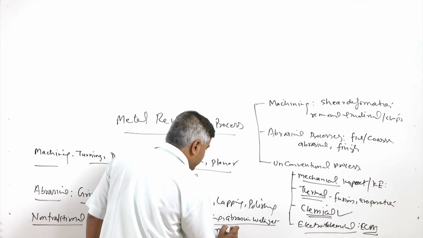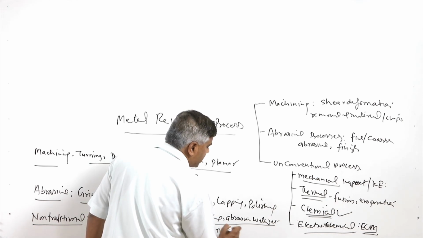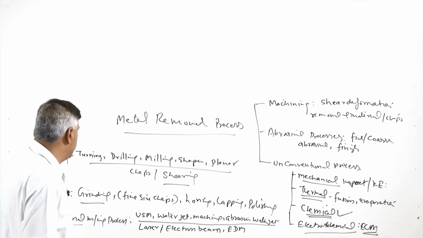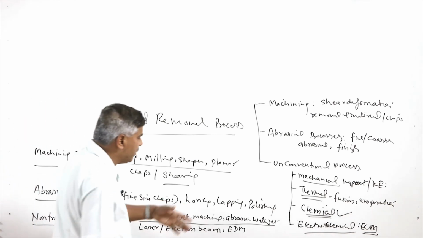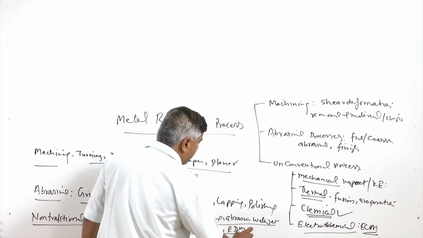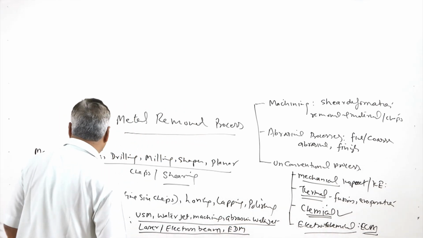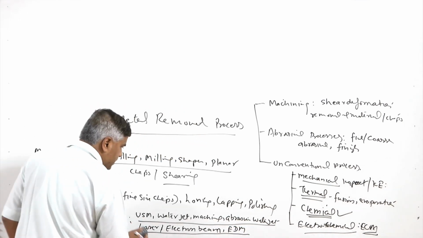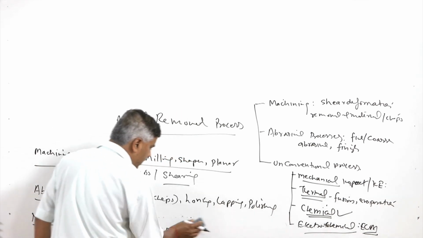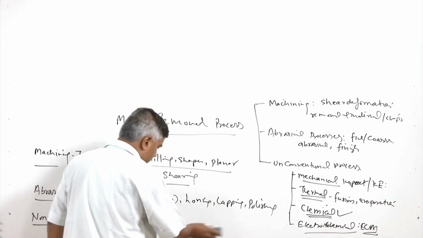Electric discharge machining, commonly known as EDM, is another process, which also uses thermal energy for removal of the material. So, laser, electron beam and electric discharge machining are some of the processes which use the mechanical energy and the thermal energy.